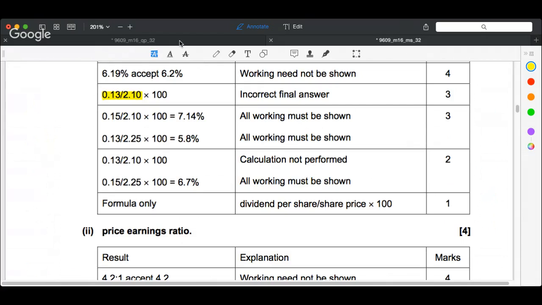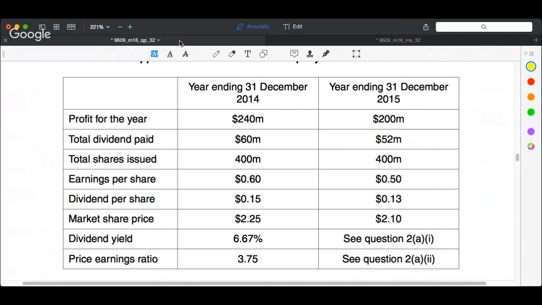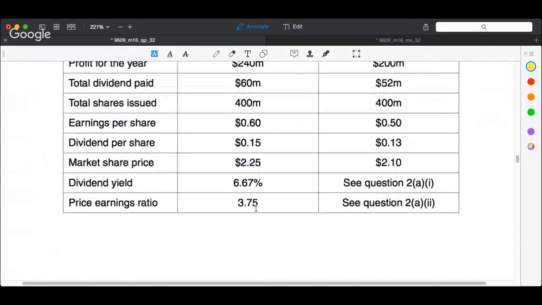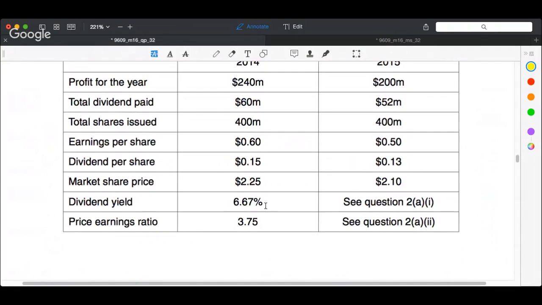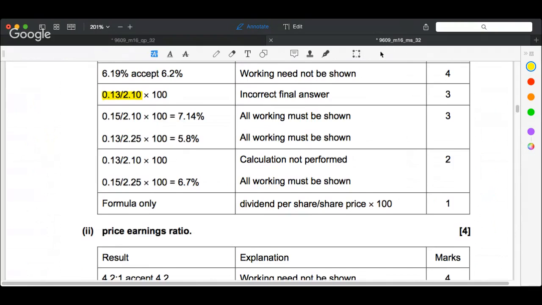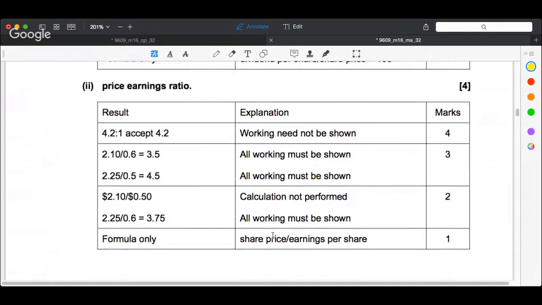That makes sense. Okay. And the price earnings ratio, you could look at that and see, well, how did they work out 3.75 from those numbers? Look at the mark scheme and you should get an idea for what it is. The share price divided by earnings per share.